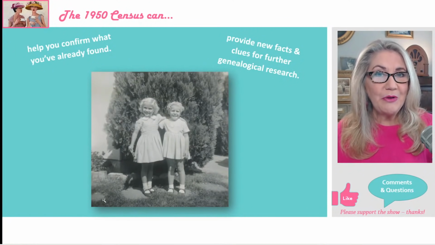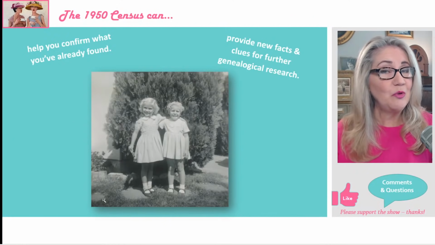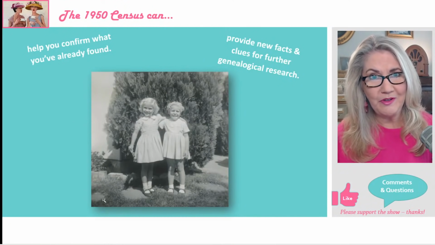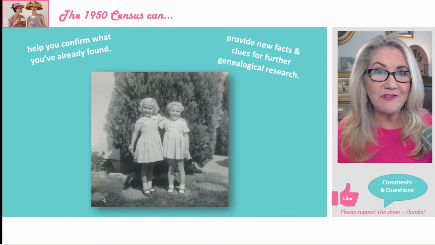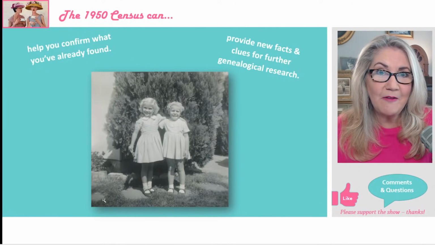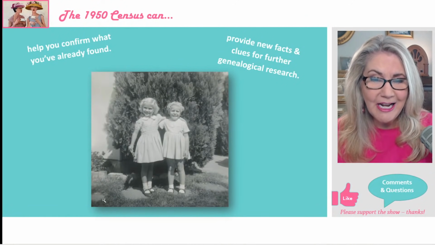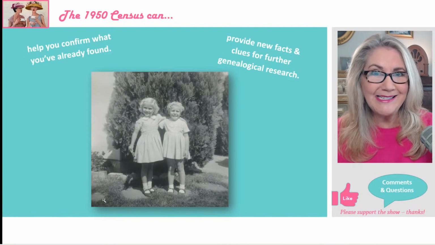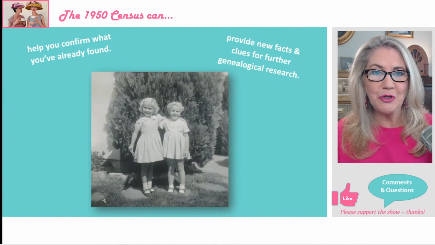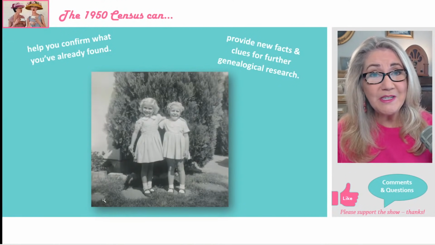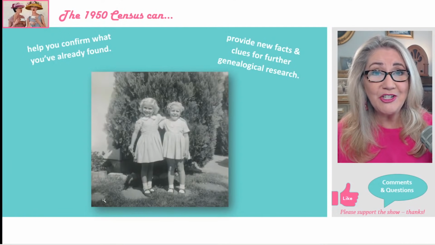So the beauty of this is that these new records from 1950 are going to hopefully help you confirm some of those things that you already know. I know I've got stuff that I'm looking forward to just checking the box. I've got another piece of evidence that backs up what I thought was true. But also, if it's a new record collection, it's going to provide you with some new clues and new information.